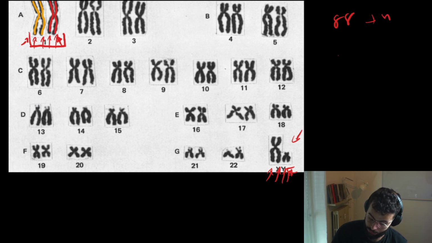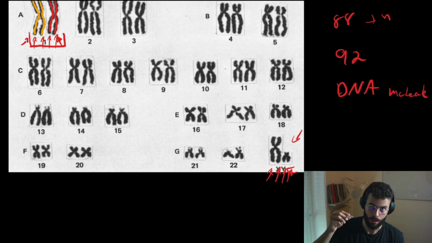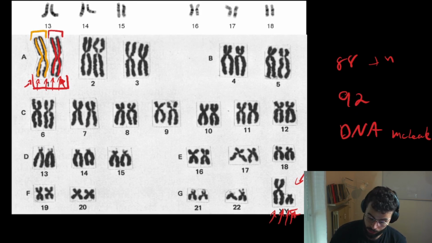You're going to have 92 DNA molecules after the replication and before the separation of the daughter cells when it comes to the mitosis phase, which we are going to study.